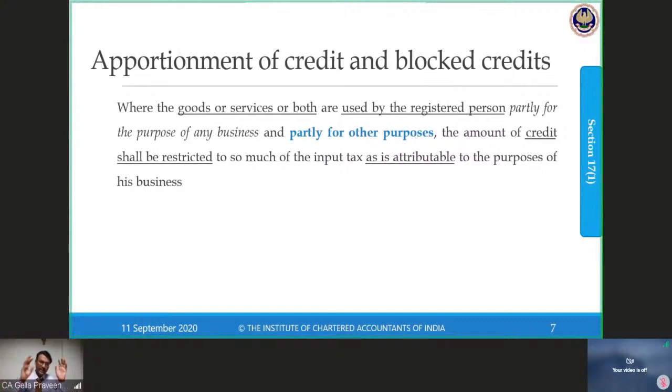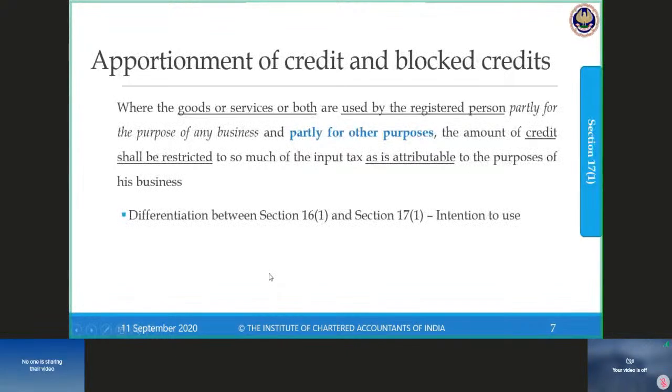The amount of credit shall be restricted to so much of input tax credit as is attributable to the purpose of business. So this says wherever I have taken input tax credit, your credit is blocked, restricted only to the extent of business. Something which is other than business is restricted.